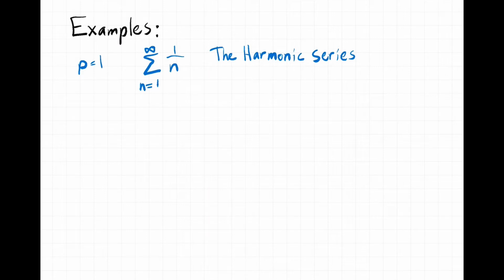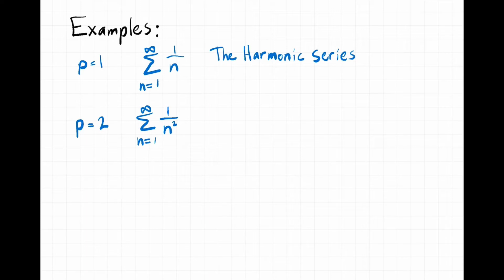Another example, what if p equals 2? Then we'll have the sum as n goes from 1 to infinity of 1 over n squared. This one we've looked at in class. This is also a p-series. In fact, we used the integral test to determine that this series converges.